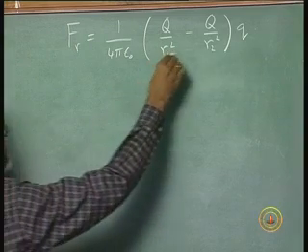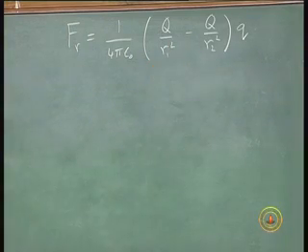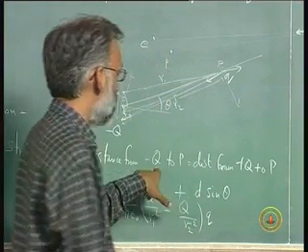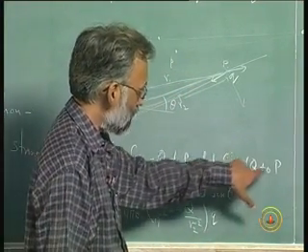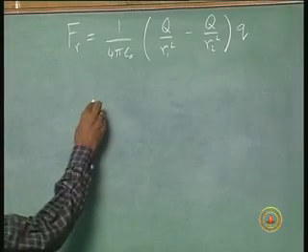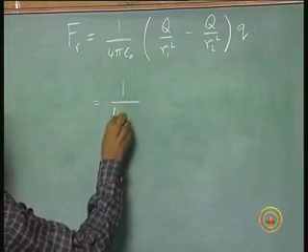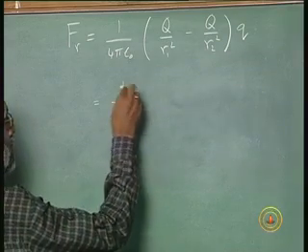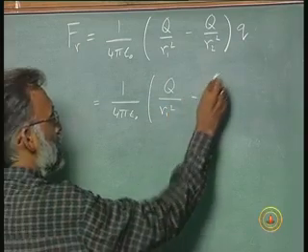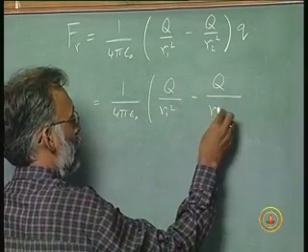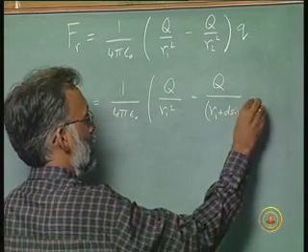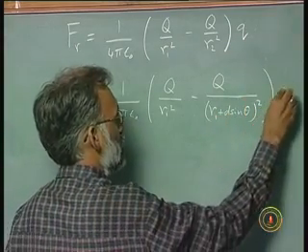Now, I can write these in terms of each other, because I have already written that the distance from minus p to P is the distance from plus p to P plus d sine theta. So, I will write that out. It is 1 over 4 pi epsilon naught times q over r1 squared minus q over (r1 plus d sine theta) whole squared times small q.